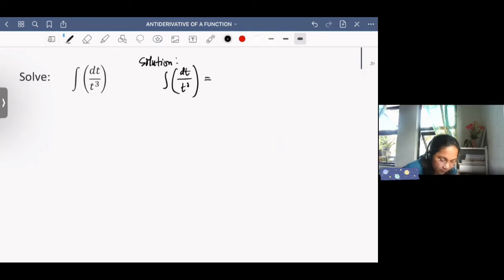First up, we are going to expand the expression. We're not going to have t times t times t, but we will have to factor out dt first. Okay? So we'll have the integral of 1 over t cubed dt.